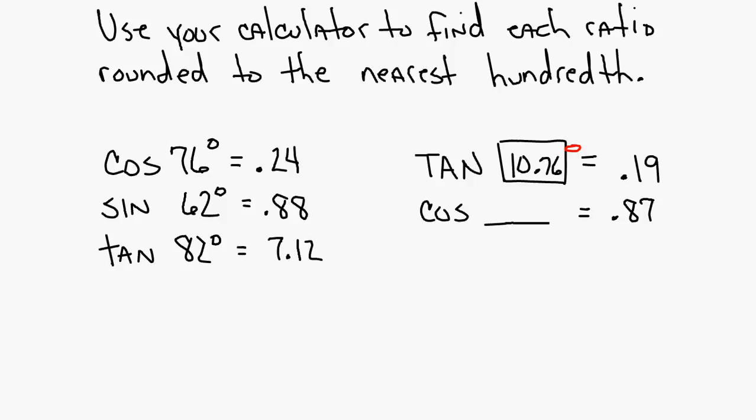I got 29.54. Making sense? Because next week you're going to use these ratios to find side lengths, and then you're going to use the ratios to find angle measures and side lengths. Okay? So let's do one more.